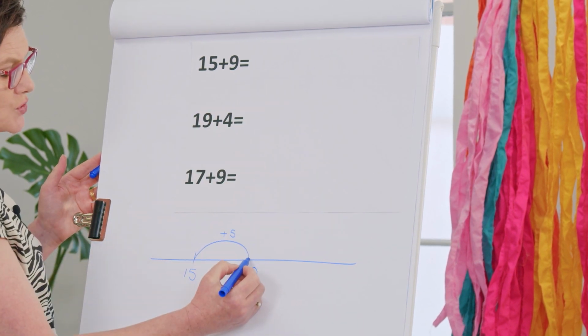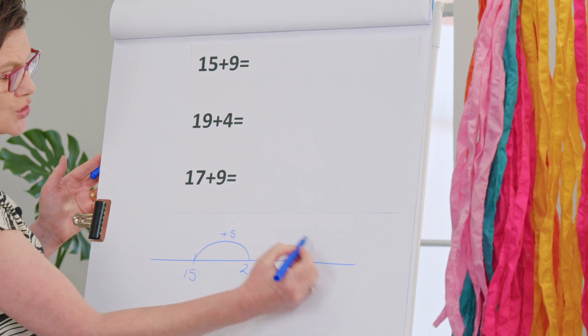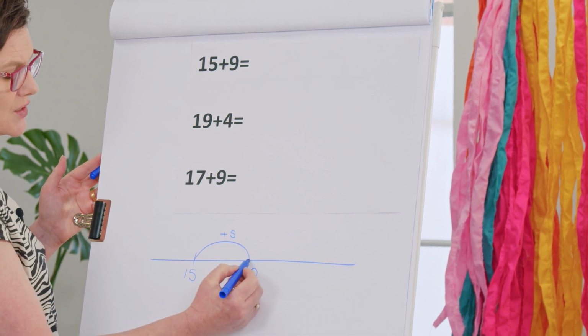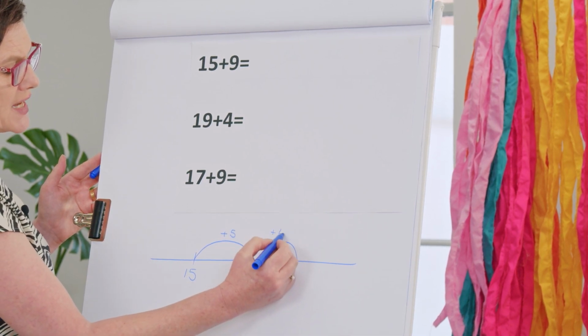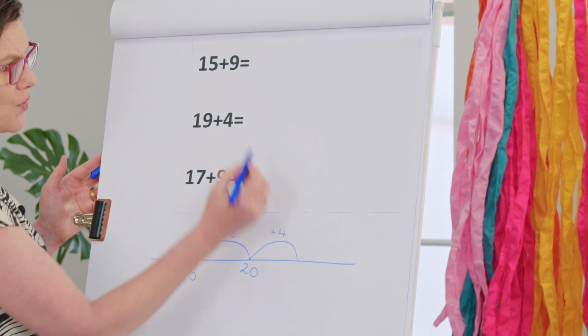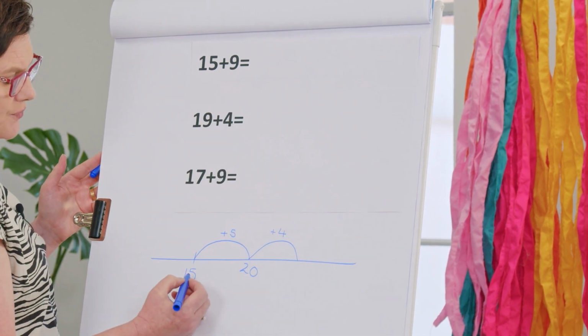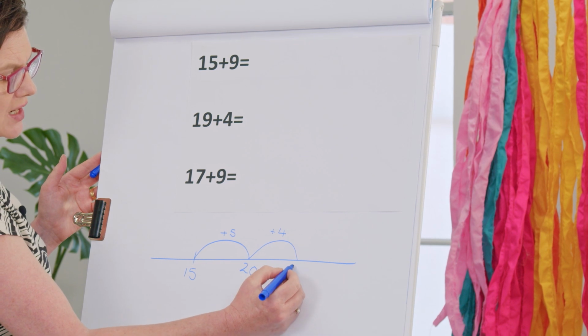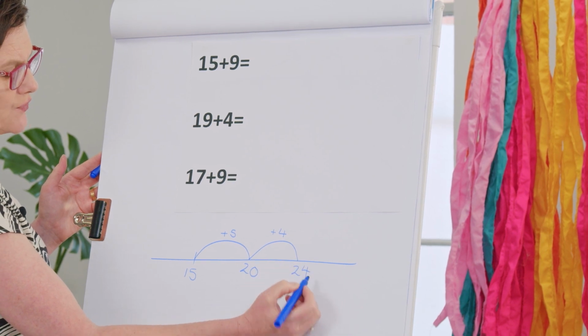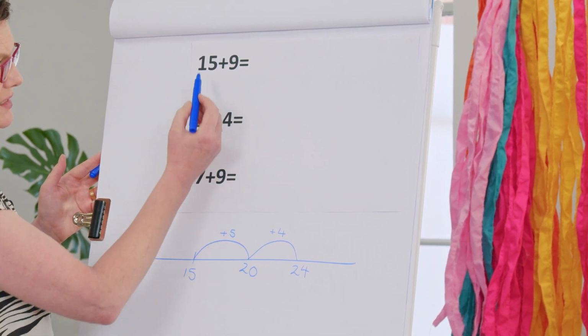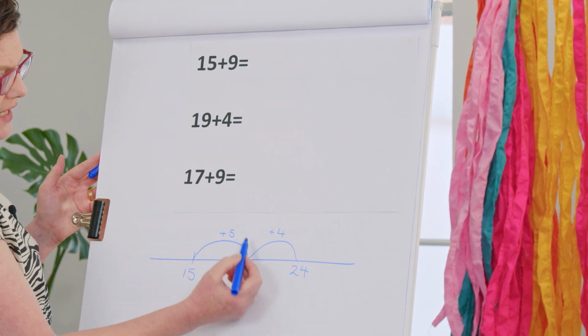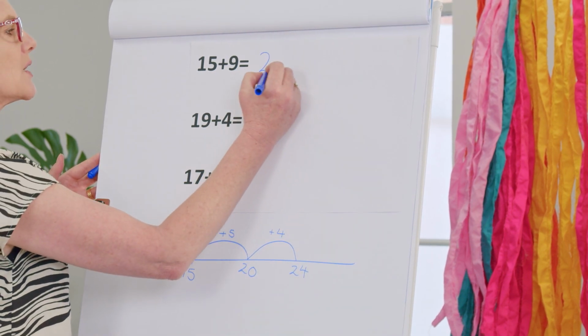So how many more do we need to add? If I add a total of 9, the answer is 4. So we're going to add 4, 5 and 4 make 9. From 15 all the way to 9, I'm going to get to 24. So my answer is 15 add 9 is 24.